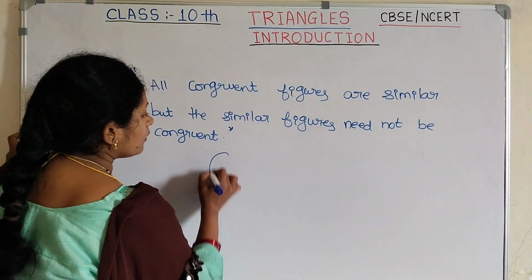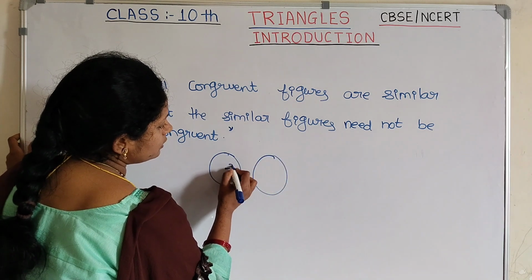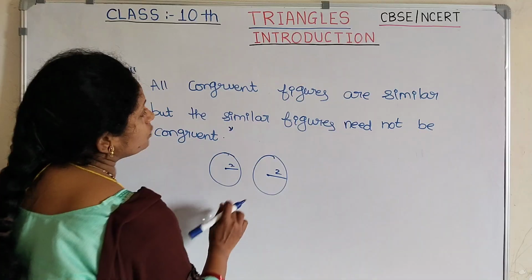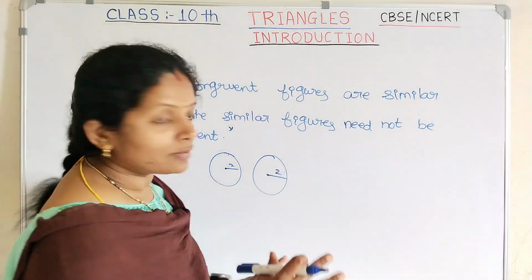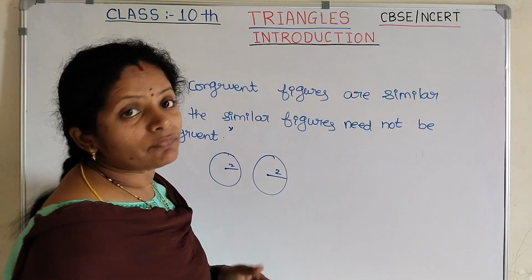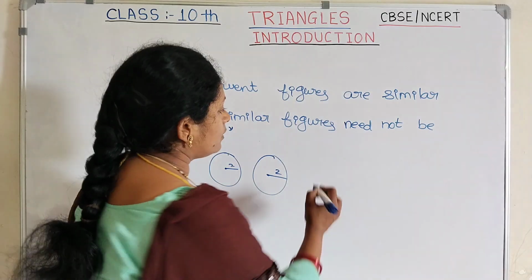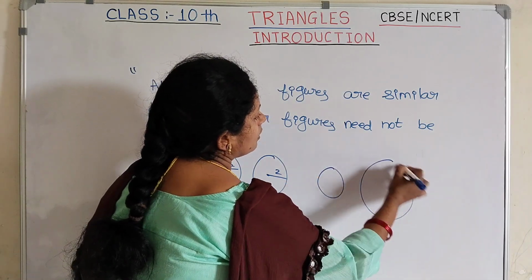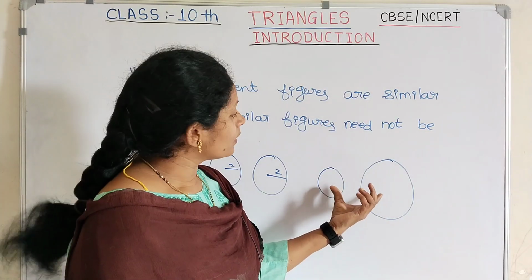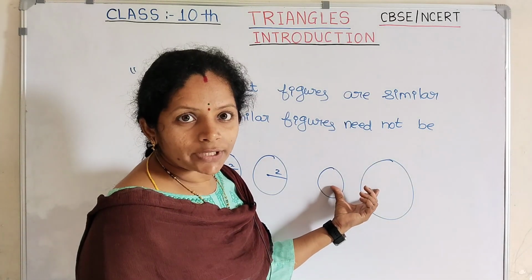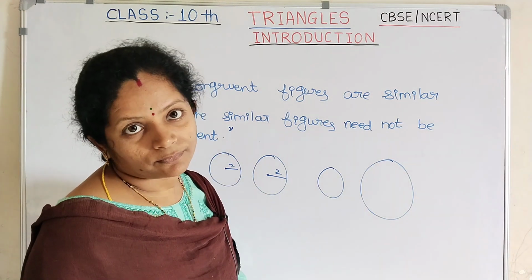Meaning if these two radii are equal to 2, then the congruent figures, all congruent figures, are similar, but similar figures need not be congruent. In this way, these two are similar but these are not congruent. These two figures are congruent as well as similar too.